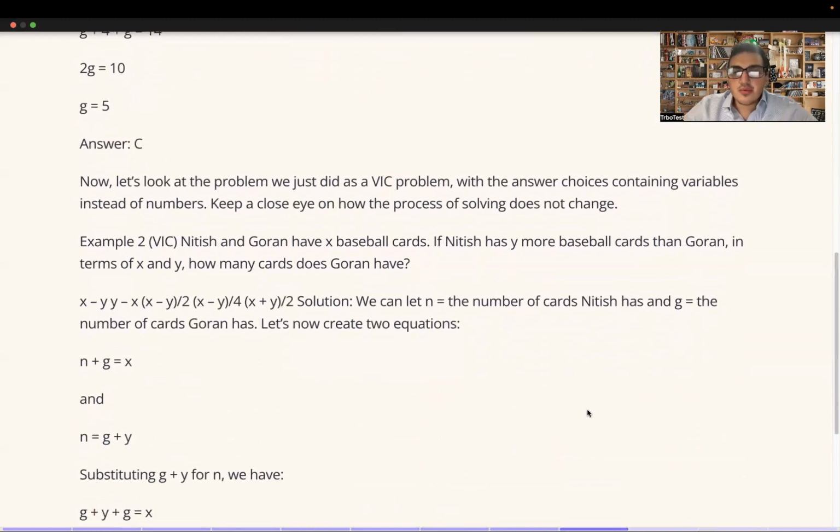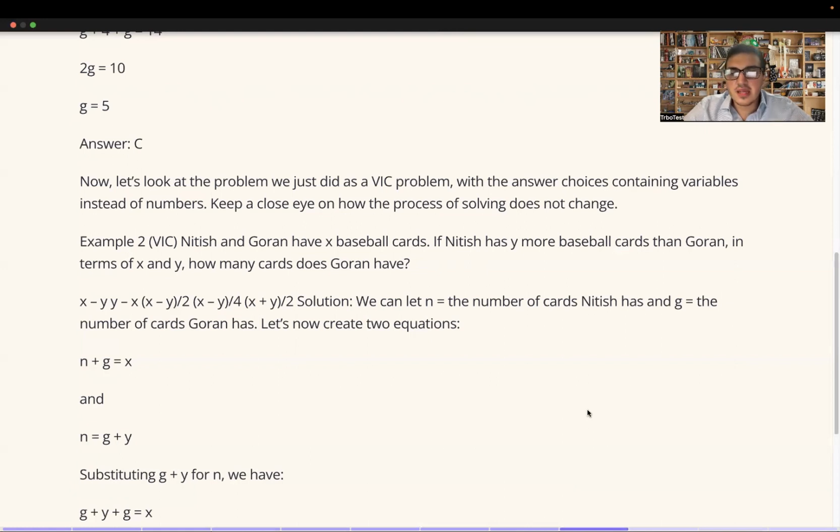Now let's look at the problem we just did as a VIC problem, with the answer choices containing variables instead of numbers. Keep a close eye on how the process of solving does not change. Nitish and Gordon have x baseball cards. If Nitish has y more cards than Gordon, in terms of x and y, how many cards does Gordon have?